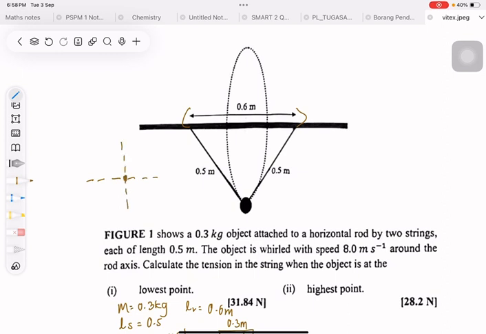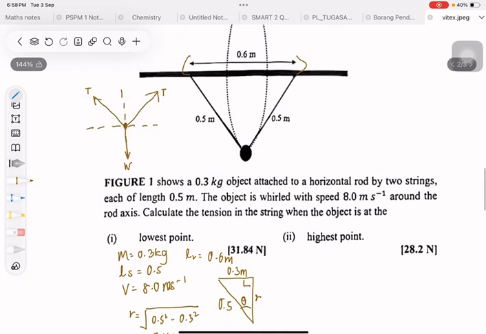This is the object, and there is a weight of the object acting downwards. So this is the weight, and there are two tensions acting upwards. Now we have found the angle which is here. And here we have Ty, here Tx, and here another Ty, and here another Tx.